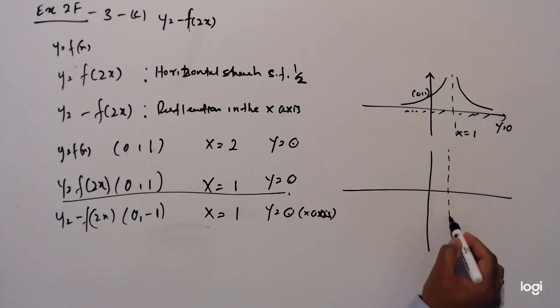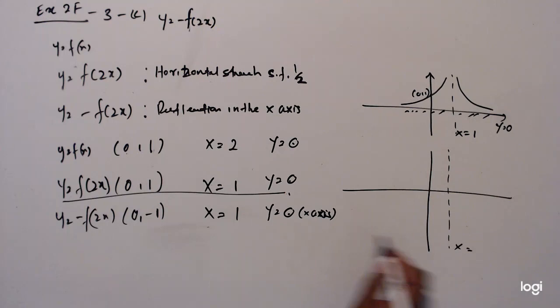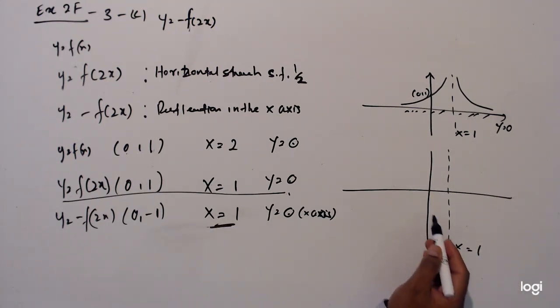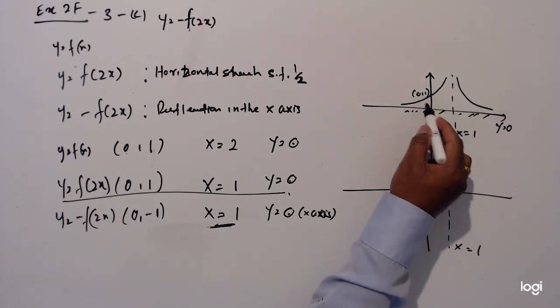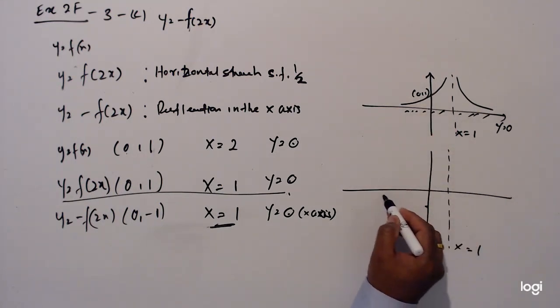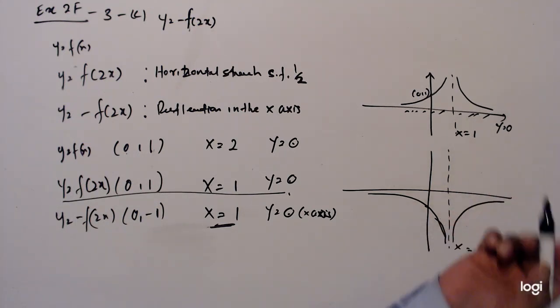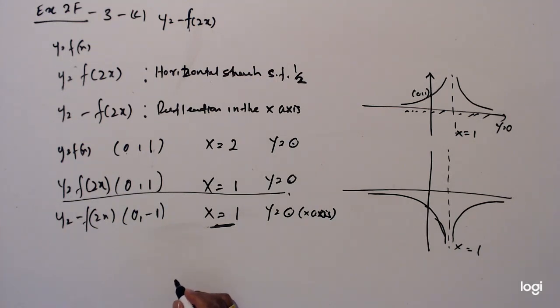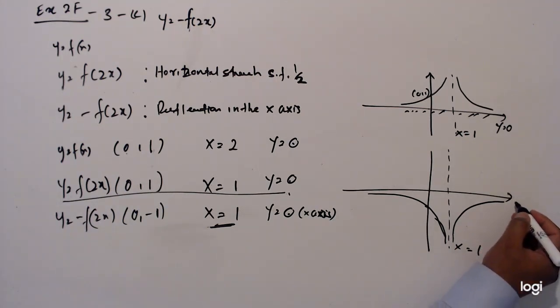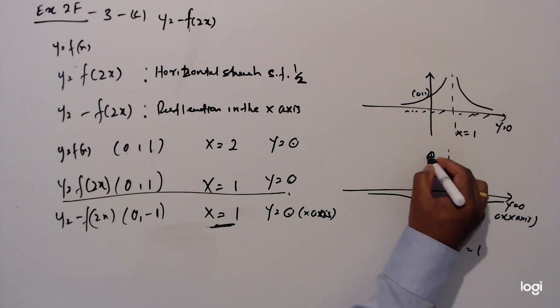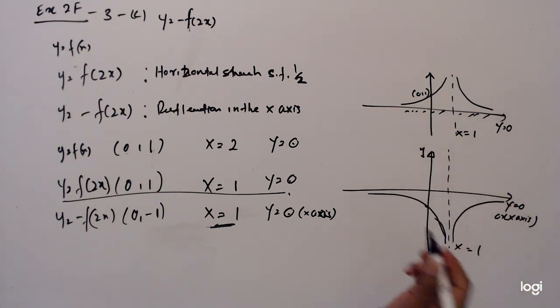So x equal 1, the asymptote stays the same for this one. And then 0 1, it's going to be 0 minus 1. Or x-axis, y-axis.